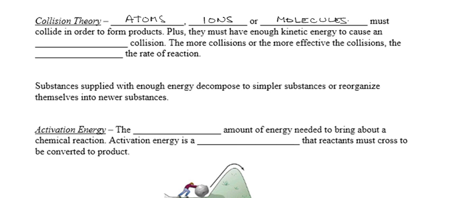Not only do they have to collide, but they have to have enough kinetic energy to cause what we call an effective collision. The more collisions, or the more effective the collision, the greater the rate of reaction.